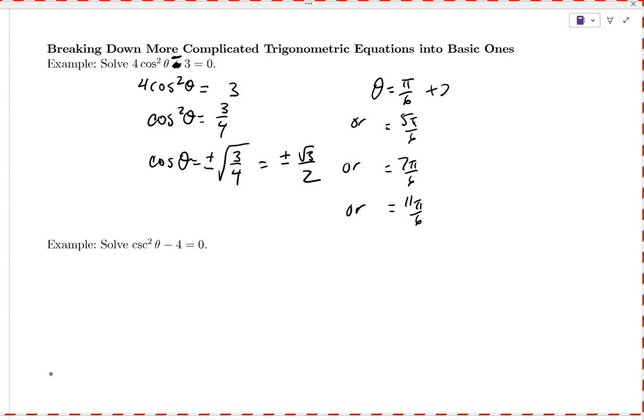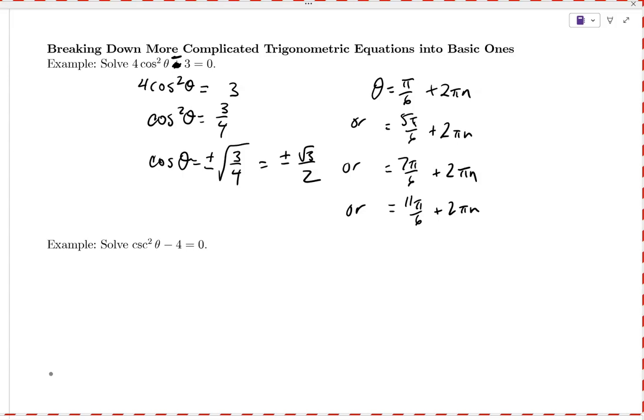So remember, anything that's coterminal will also give us a solution. So we'll add multiples of the period on the end.